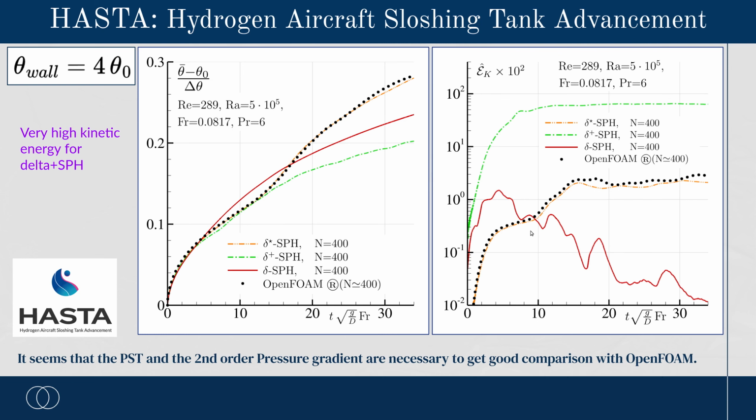In particular, delta SPH tends to damp the motion of the particles, while delta plus tends to largely amplify the particle motions. Summarizing, it seems that the combination of the particle shifting technique together with the second order pressure gradient are necessary to get a good comparison with OpenFOAM.